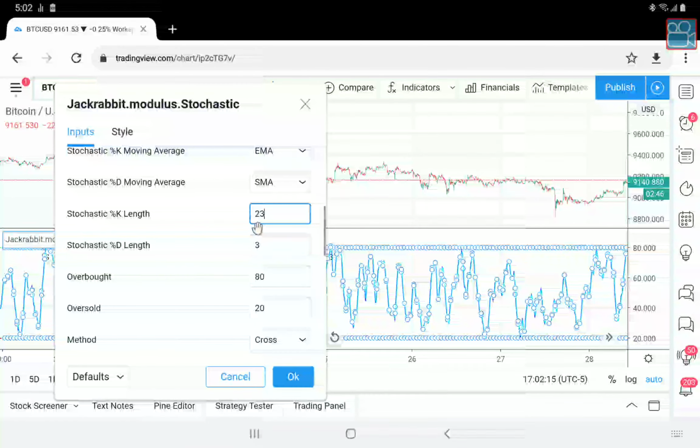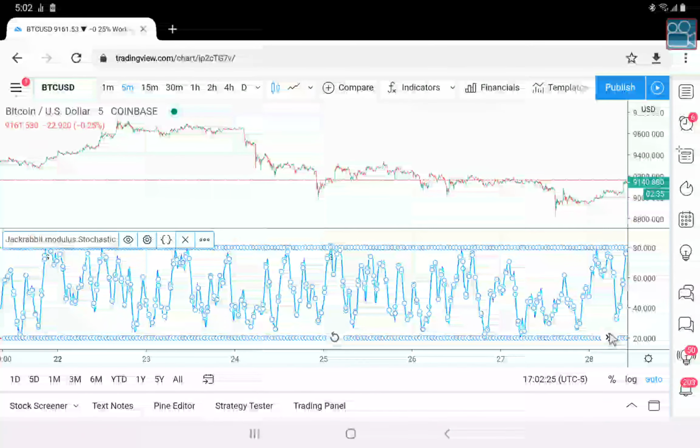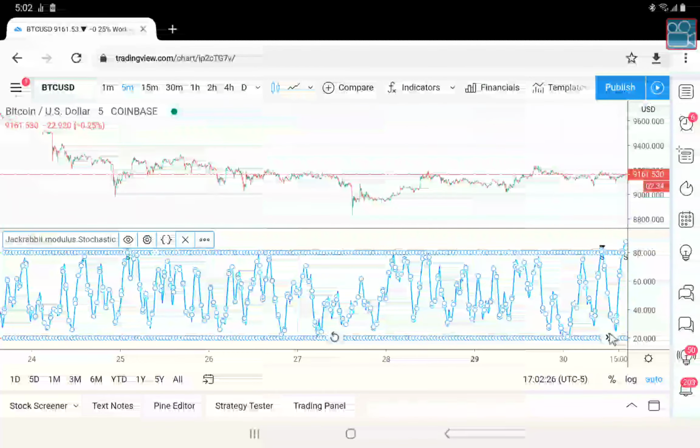The longer the length, the more difficult it becomes to cross the 80 or 20 boundaries. So in essence, you're stretching out your frequency. That can be good or bad, depending upon what you're trying to achieve. So you do need to be aware of and carefully test your numbers.